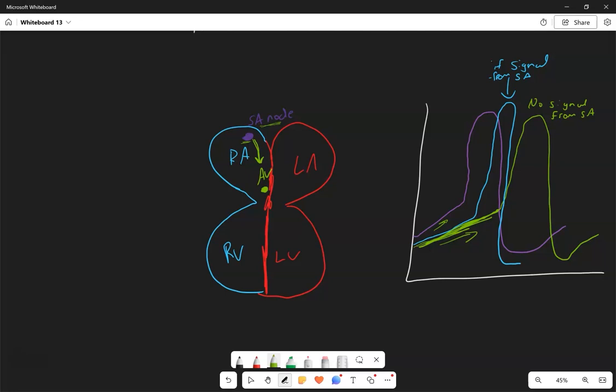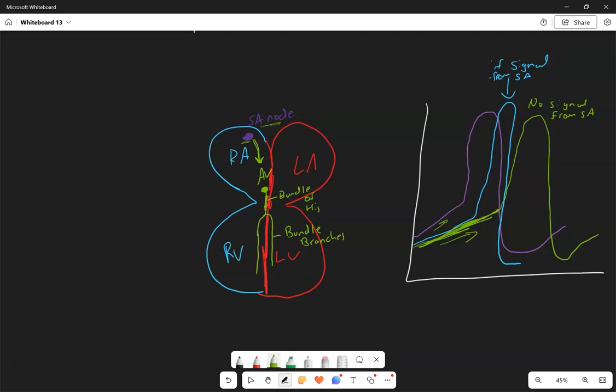Now, this signal will come down through a junction known as the bundle of His, and then it sort of splits into left and right portions, which we call the bundle branches.